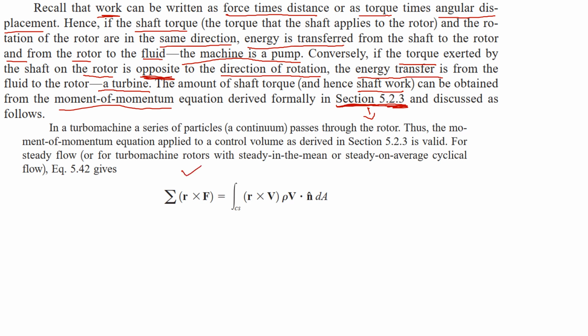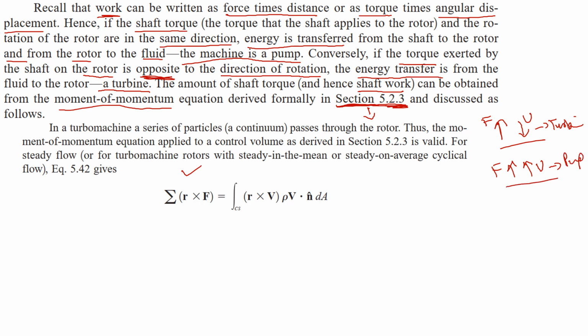In terms of the work, power and forces that are involved, we established in terms of the force and the blade motion that this will be for a turbine, and this will be for a pump.